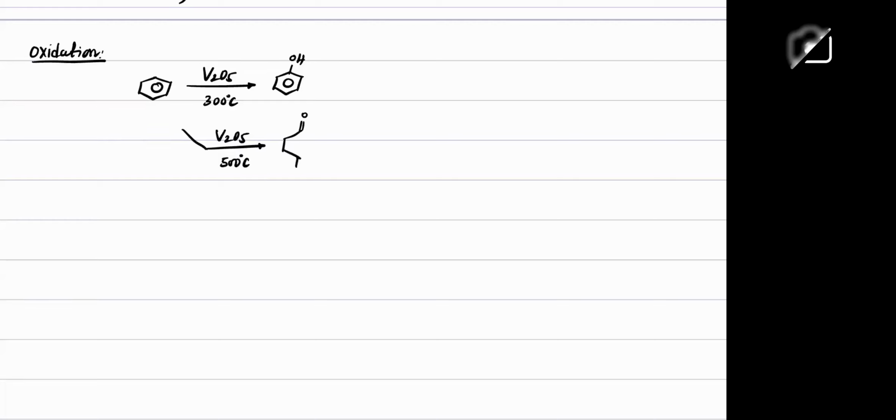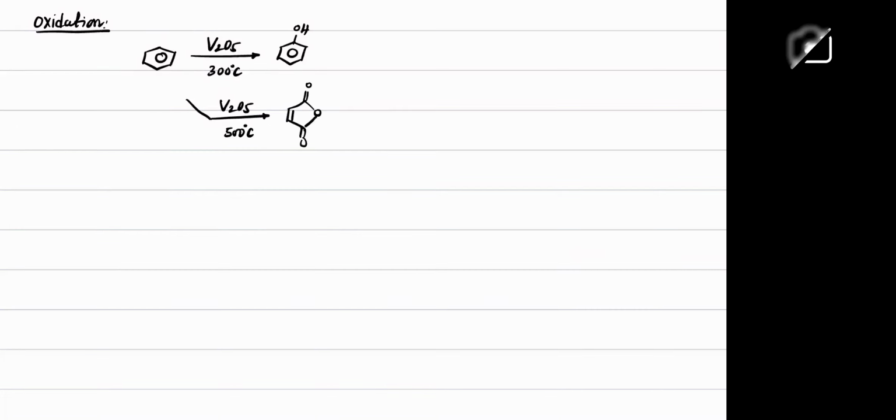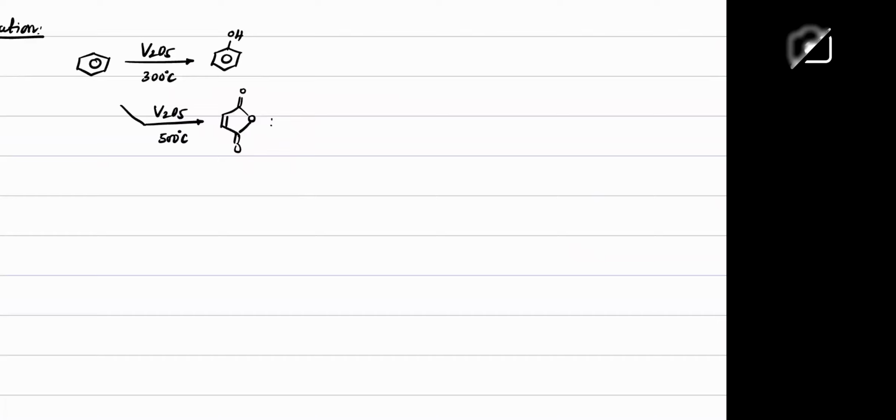Lastly, when it comes to oxidation, benzene directly, if you treat with V2O5 at around 300 degrees Celsius, we shall be able to oxidize this to phenol. But if the same V2O5 is treated at around 500 degrees Celsius, it will convert into an anhydride like this. This is called maleic anhydride, coming from maleic acid.